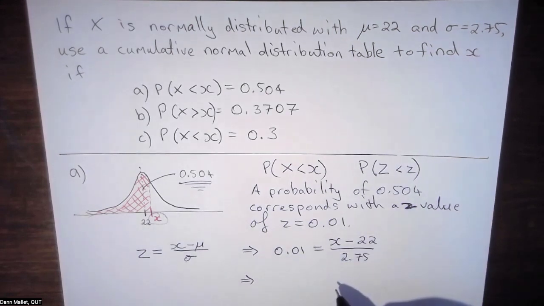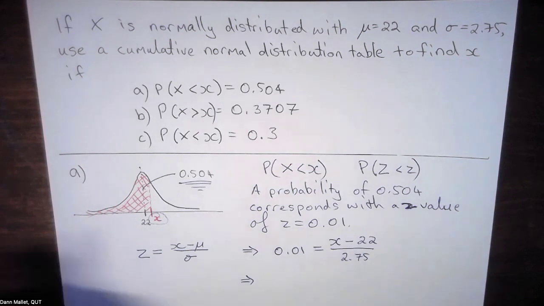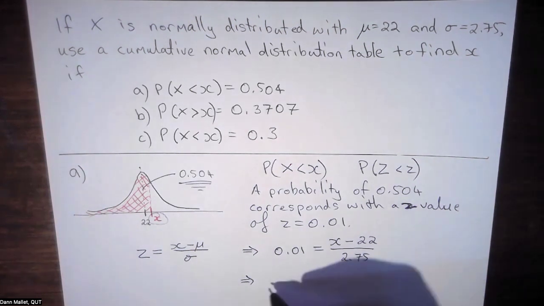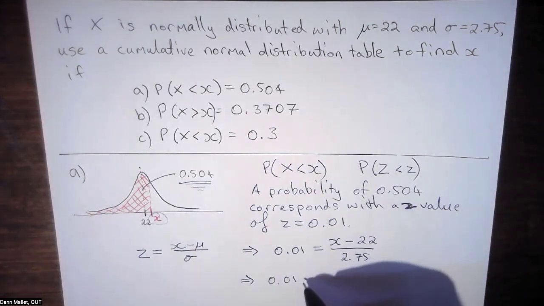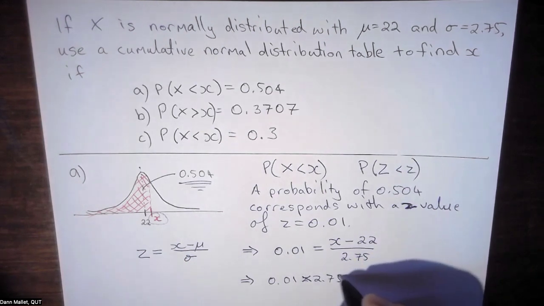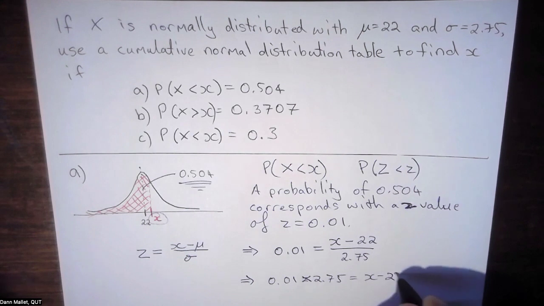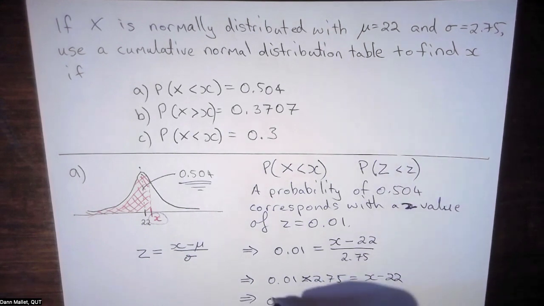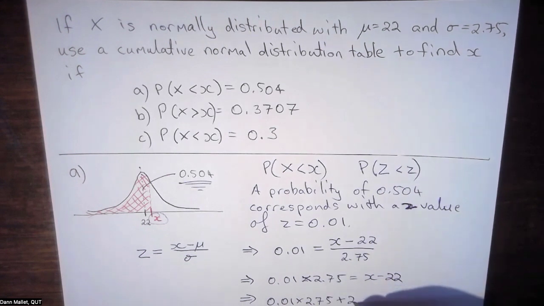Now I can simply rearrange this equation to solve for x. Multiplying both sides by 2.75, I get 0.01 multiplied by 2.75 is equal to x minus 22. And finally, 0.01 multiplied by 2.75 plus 22 is going to be equal to my x.